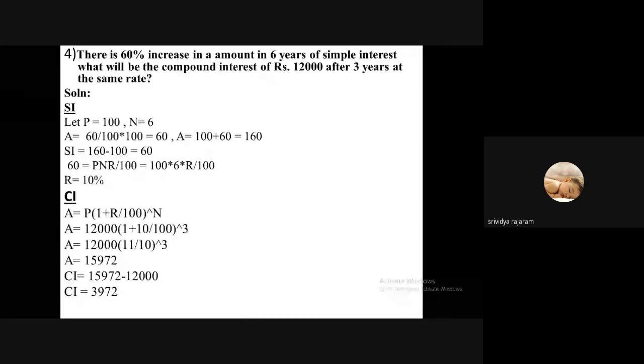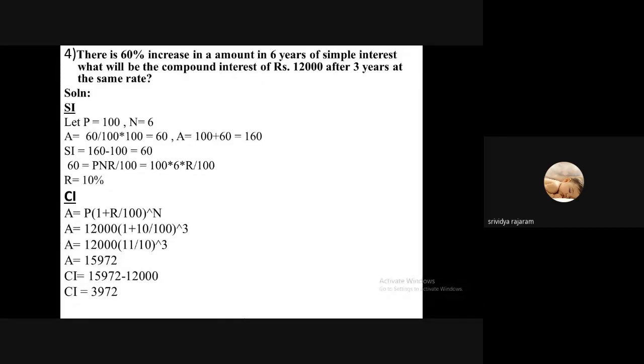So what is the question given? There is a 60% increase in an amount in 6 years of simple interest. So the first line deals with simple interest, so let us first solve it. What they are saying is a 60% increase in an amount. We have dealt in the simple interest formula with the amount becoming 7 times, 10 times the initial amount.